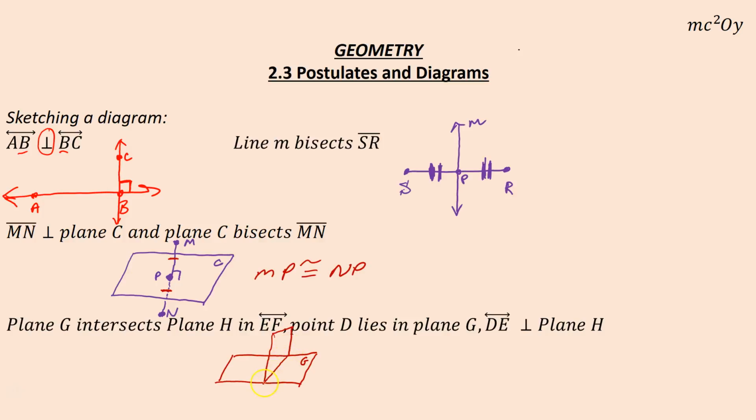We're going to have it intersect plane G at this line, which we are calling EF. And let's go ahead and finish that plane. That's plane H.